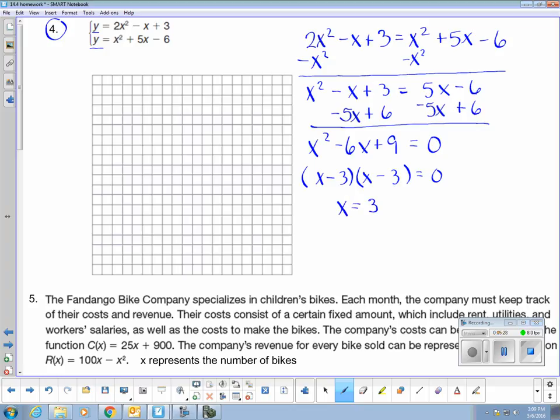And this time I need to go back once again and either replace x in the top equation or the bottom equation to find my y partner value. And I'm going to select the bottom equation.